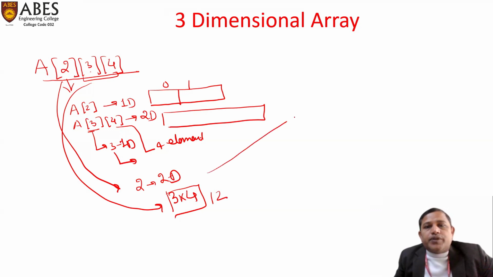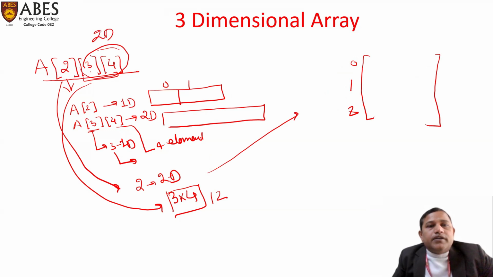If we represent this in matrix form, we write a two-dimensional array of 3 into 4 size. There are two two-dimensional arrays, and each two-dimensional array is of size 3 into 4.